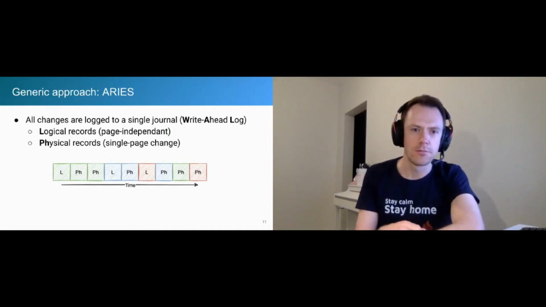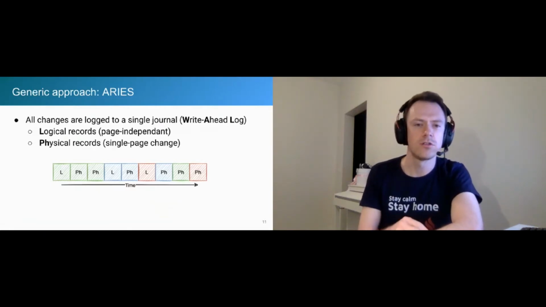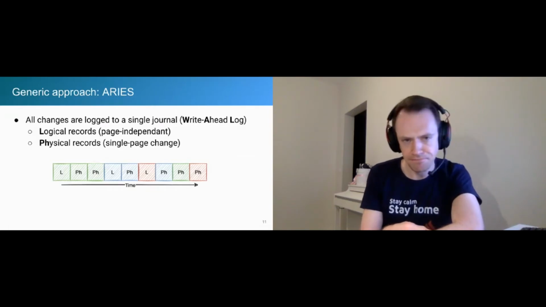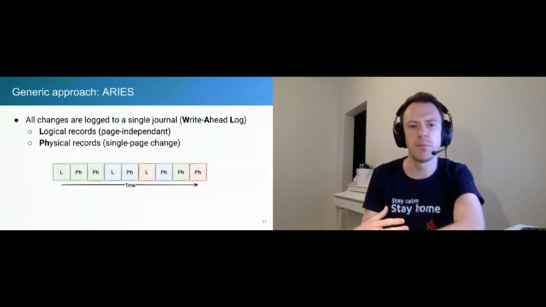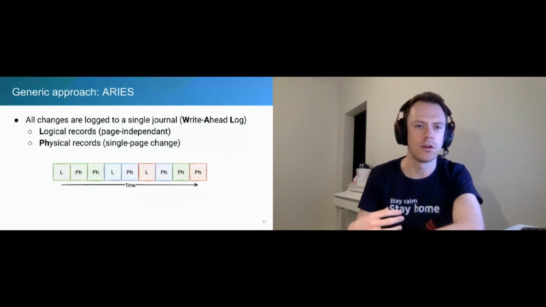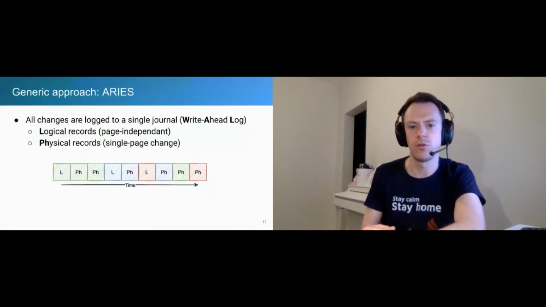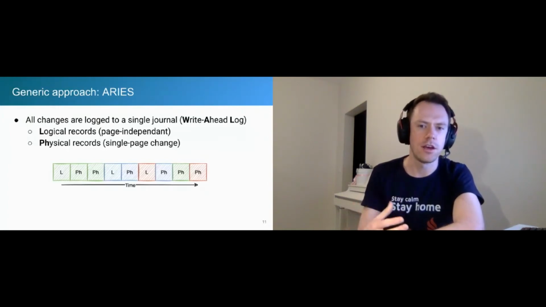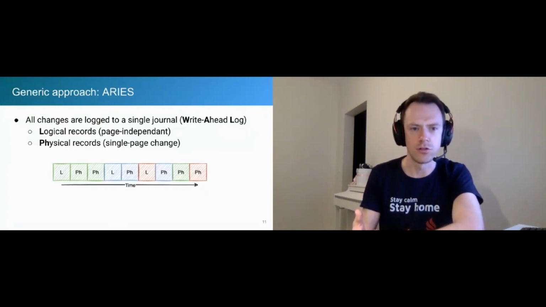Semantically, data written to the write-ahead log can be split into two categories: logical records and physical records. Logical records represent information in terms of operations that we apply to the key-value store. For example, for a put operation, the logical record will contain the key and the value that was written to the key-value store.